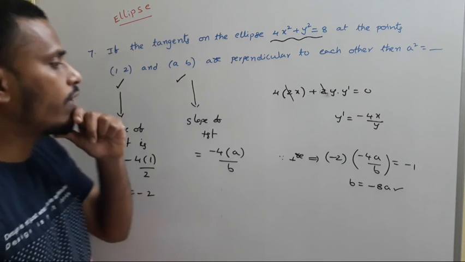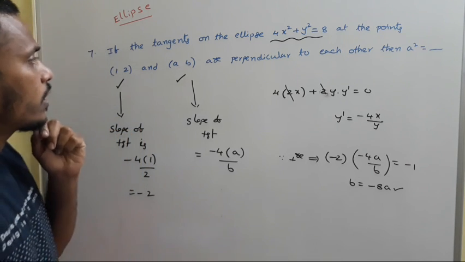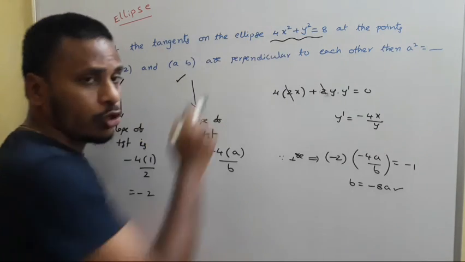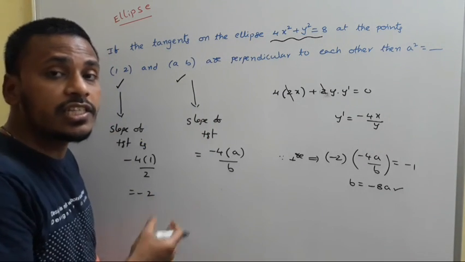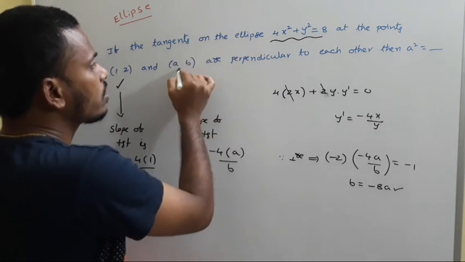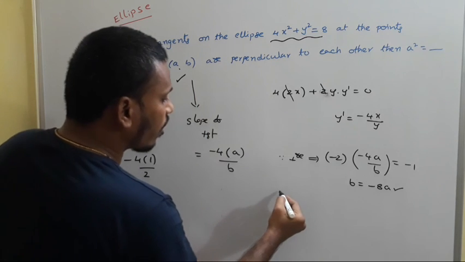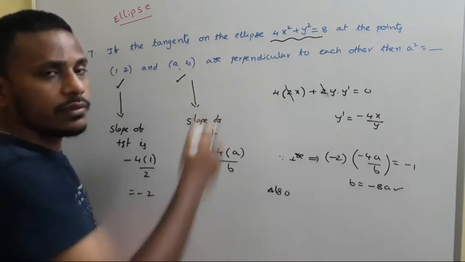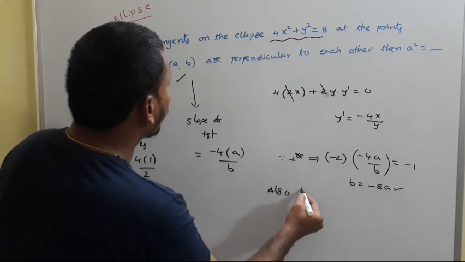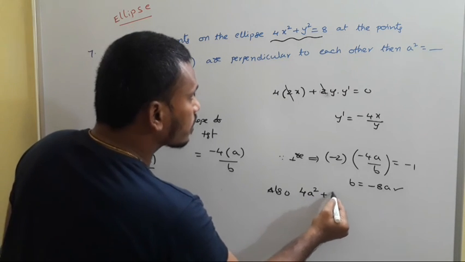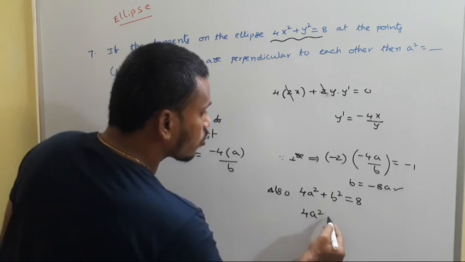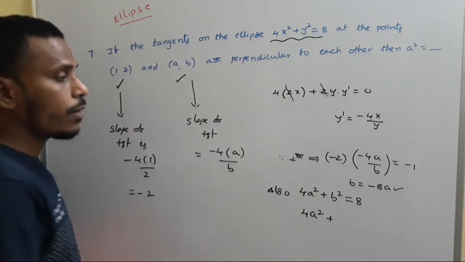Our task is to find the value of a square. For that, a comma b is a point on the ellipse also, because we are finding tangents at those points. So substitute a comma b in the ellipse equation. We have 4a square plus b square is equal to 8.